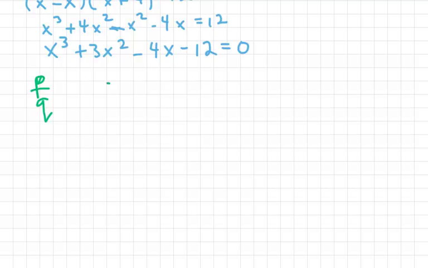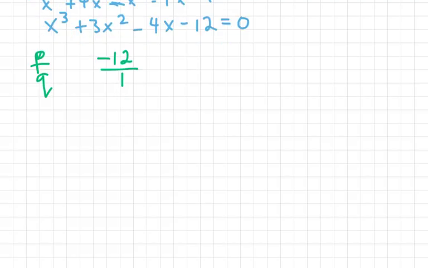Constant is negative 12, right? All the factors of negative 12 over all the factors of 1. Well, that makes it easy that the leading coefficient is 1. Okay, so since it's over 1, we're really looking for all the possible factors of negative 12.